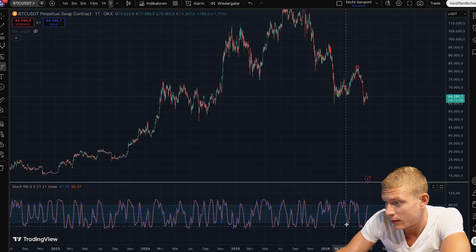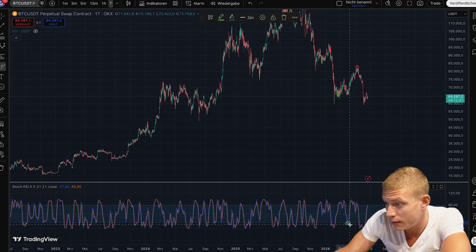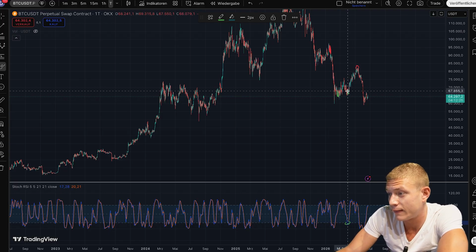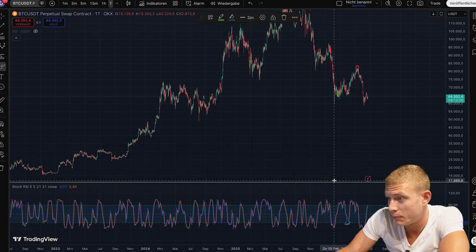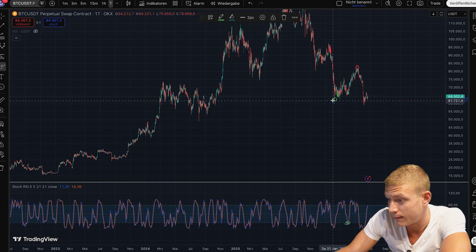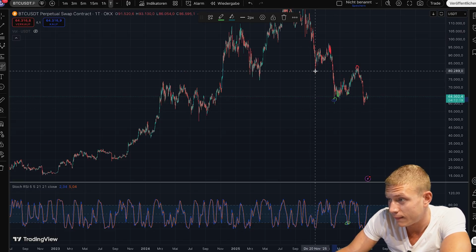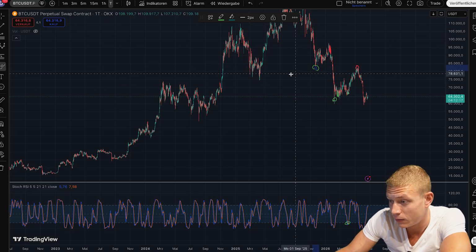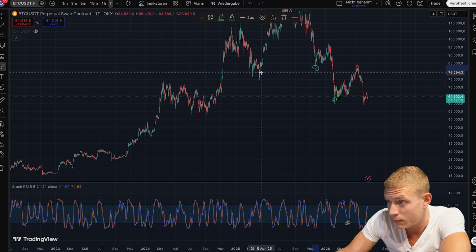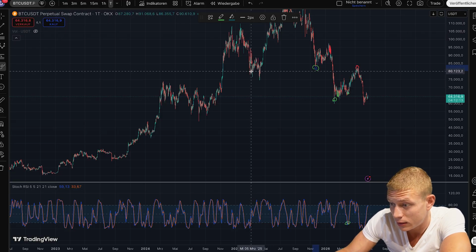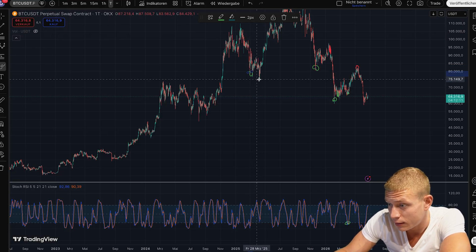For example, if we check out, here was a buying signal, it was exactly that low. Here was a buying signal, exactly this low. Here was a buying signal, exactly that low. Here was a buying signal, here too. I point them out on the chart for you.